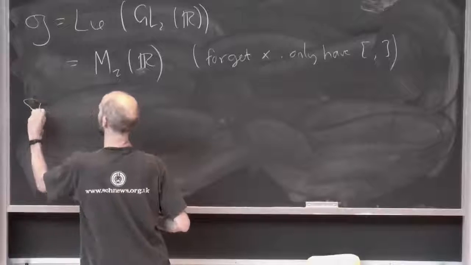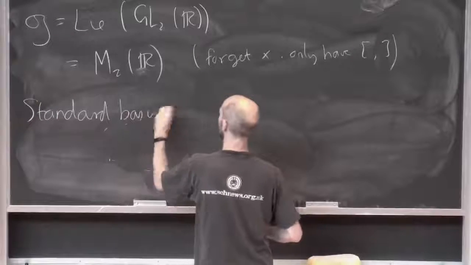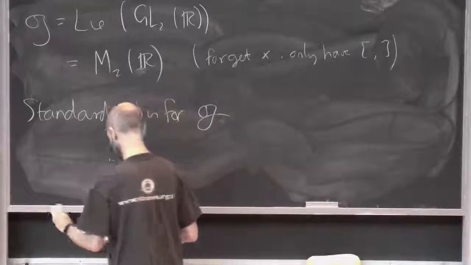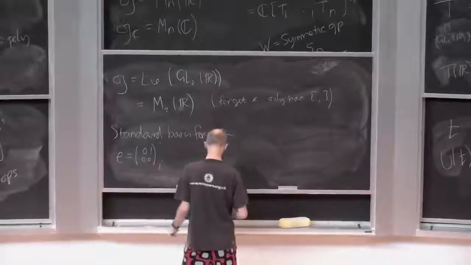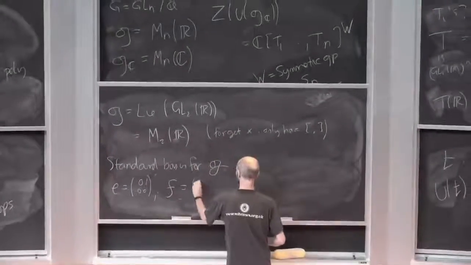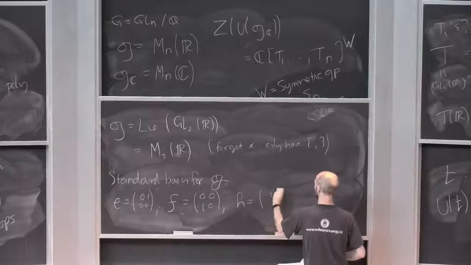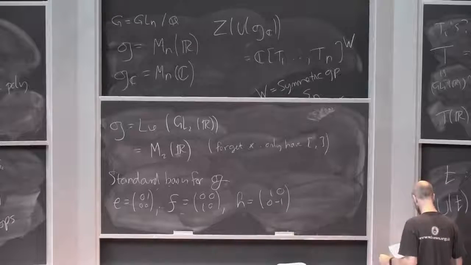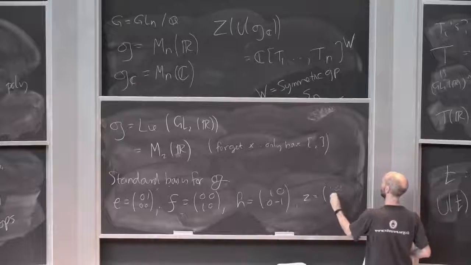The standard basis for G is called E, which is (0, 1, 0, 0), and F, which is (0, 0, 1, 0), and H, which is (1, 0, 0, -1), and which we now think is the source of all our problems, and Z, which is (1, 0, 0, 1).